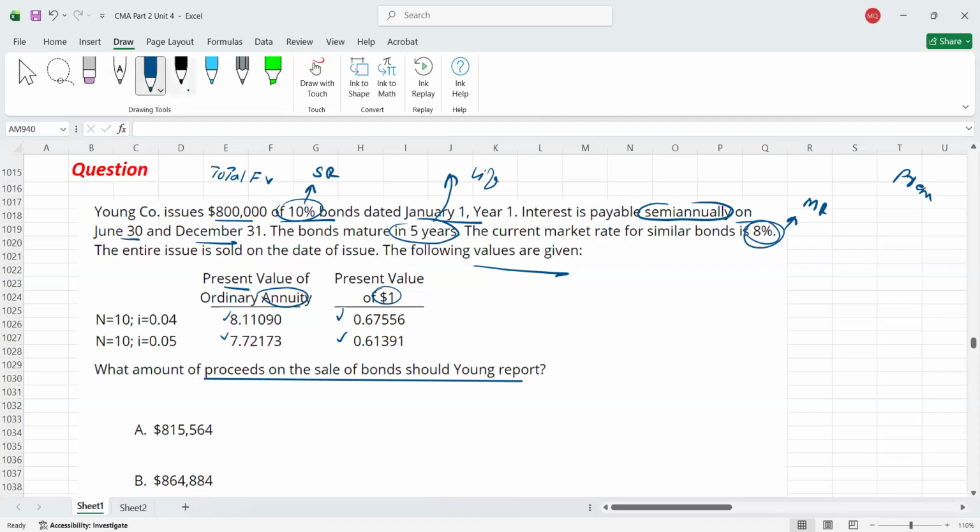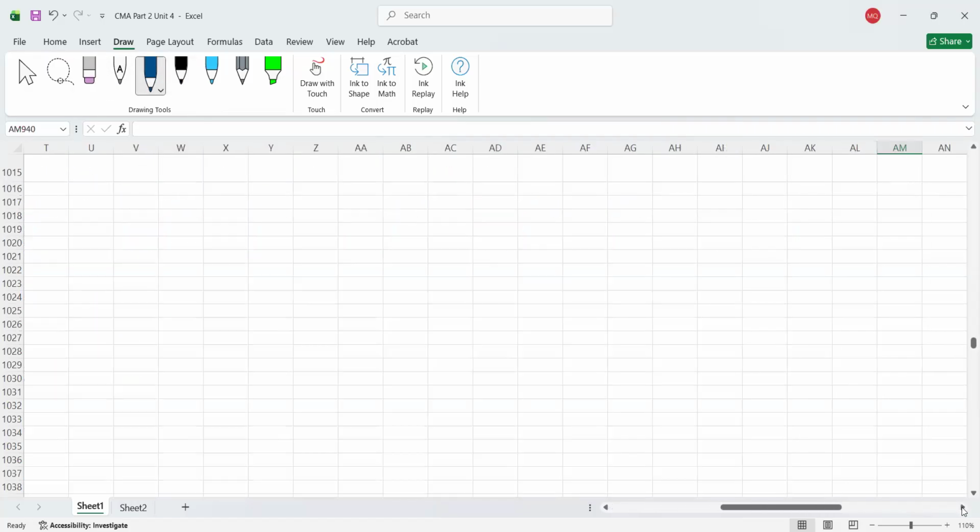Interest rates are always quoted annually, but we are paying semi-annually. So we will adjust three things: adjust the market rate, adjust the stated rate, and adjust the life, because interest is paid semi-annually.